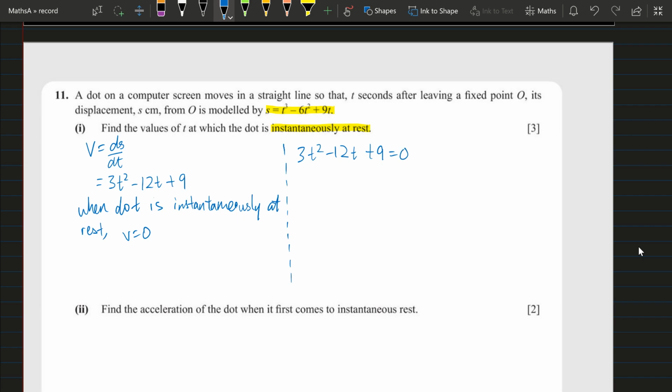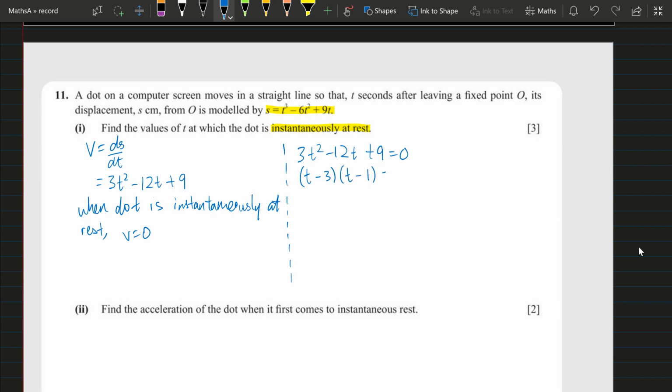This question really isn't about how you solve this quadratic equation, but at this stage of your revision, factorizing this in one step shouldn't be too difficult for most of you, right? So we're going to have minus 3 and minus 1.